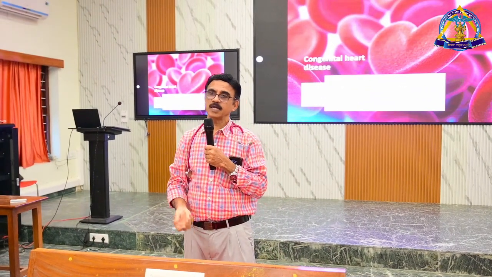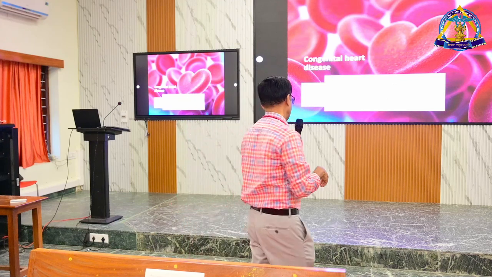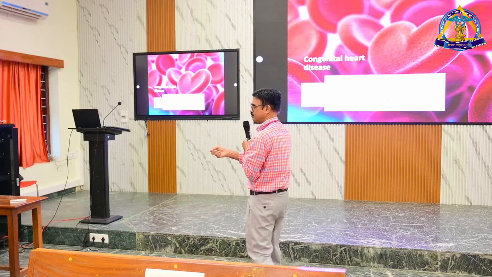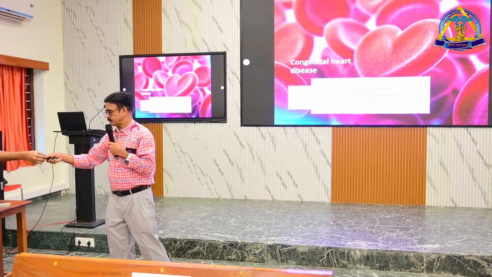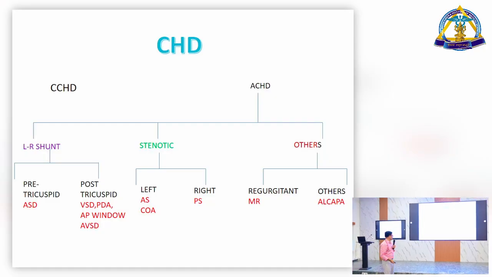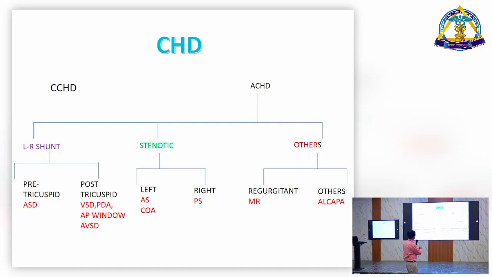Then what about the others, like pulmonary stenosis, pulmonary atresia, coarctation, and aortic stenosis? These are left-sided and right-sided, and very rarely we get congenital MR, mitral regurgitation, where the valve is deformed and produces congenital MR. So these are the basic left to right shunts.